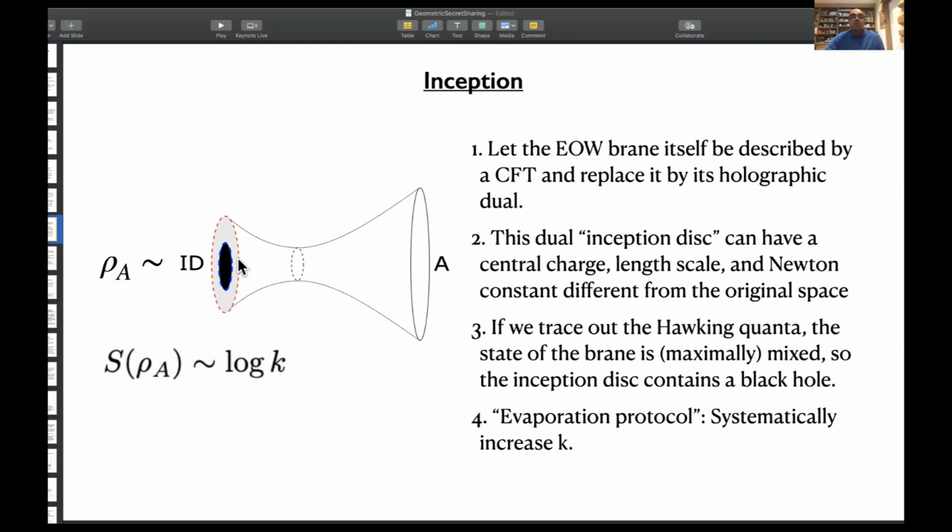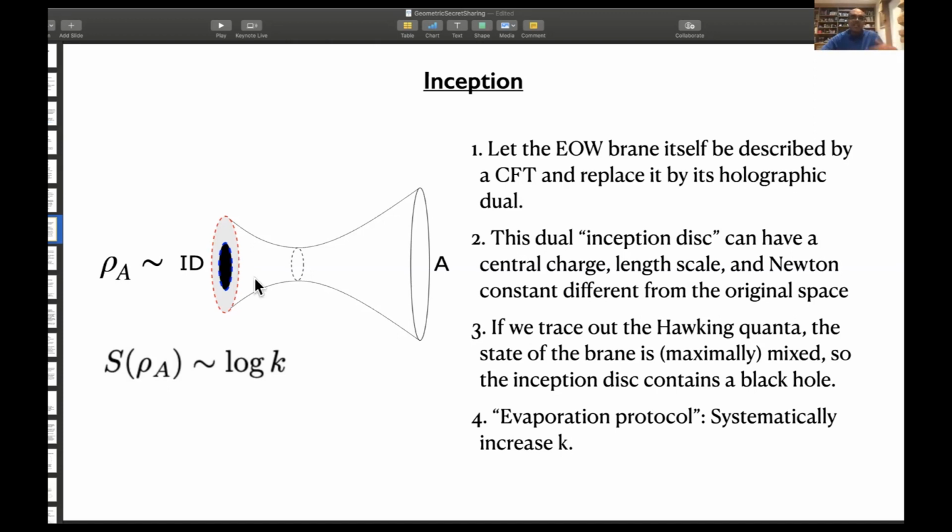Notice, there's been some recent work by a variety of authors, Almheiri, Mahajan, Maldacena, and others, using this kind of trick with two-dimensional gravities, where you imagine you have a 2D CFT, and then you do holography for it, and then you somehow grow an extra dimension of space beyond what you already had.